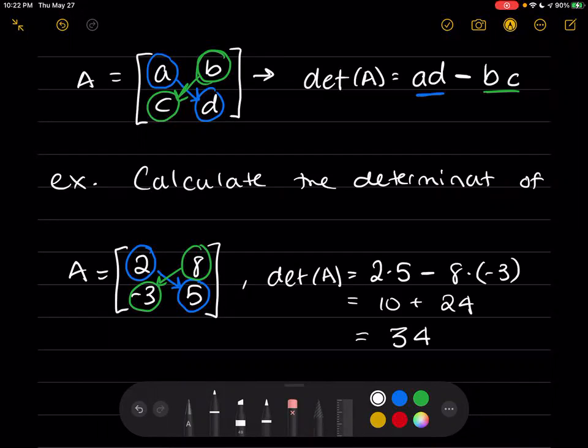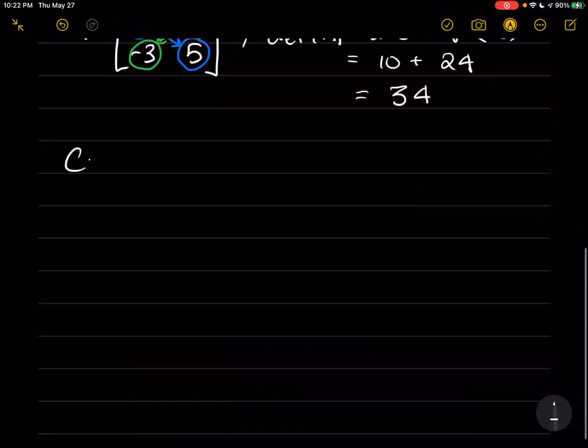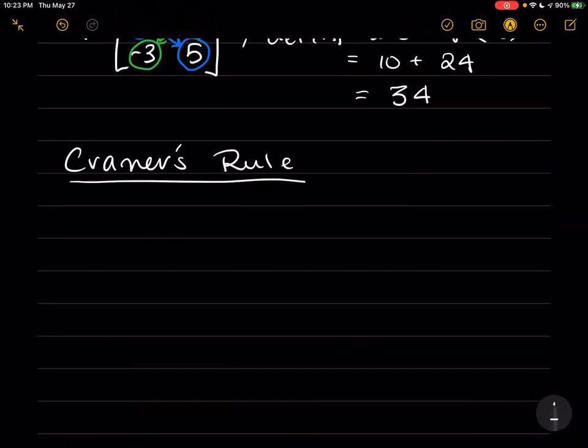If you know how to calculate determinants of 2 by 2 matrices, you can use something called Cramer's rule to find the solution to a 2-variable, 2-equation linear system really quickly. It turns out that you can use Cramer's rule on any size system, but for this class, I'm only going to have you focus on 2 by 2s.